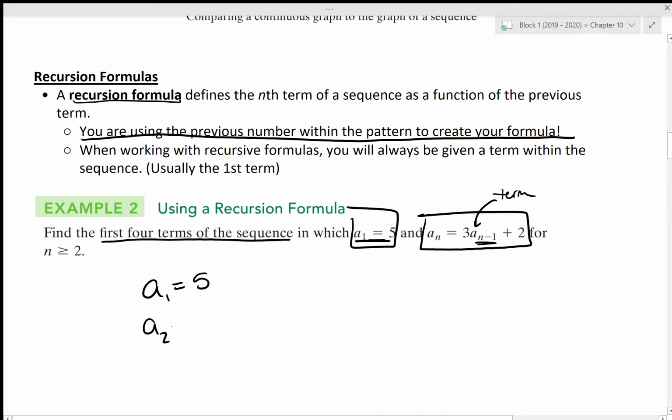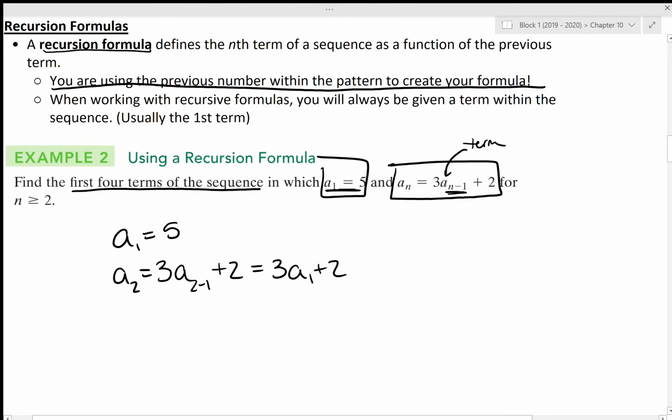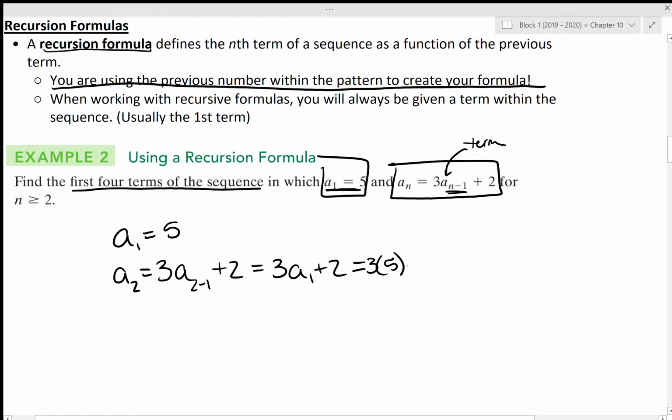The second term, according to this formula, would be 3 times A of 2 minus 1 plus 2. So that's 3 times A of 1 plus 2. They basically want me to take the first term, which is 5, times it by 3, and then add 2. So it's 15 plus 2, 17.